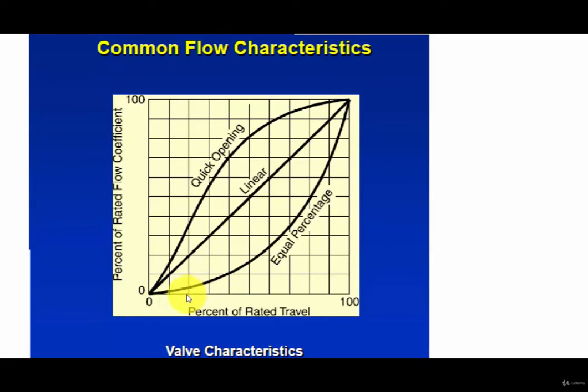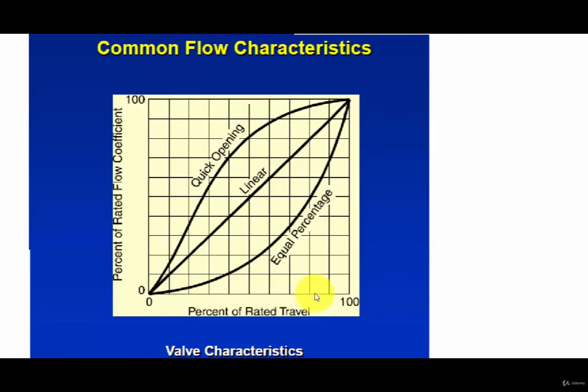So here, with valve travel changing from 20 to 30%, the change in flow is very small, maybe 5% only. That is a gain of 0.5.